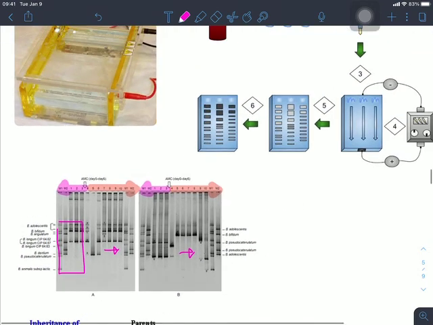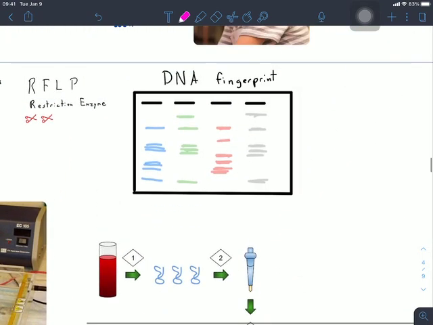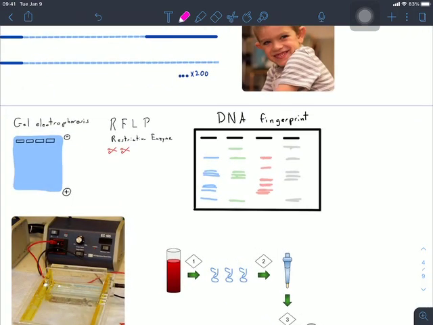In the same way, we can establish these DNA fingerprints that are unique per individual because we're looking at a genome-wide pattern. This is also what's used commonly in forensics to establish whether the DNA on the crime scene is tied to an individual.